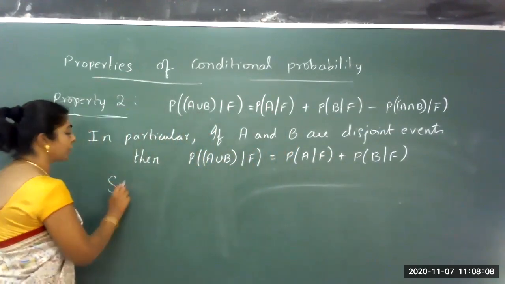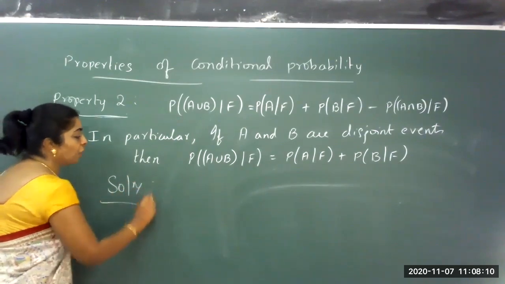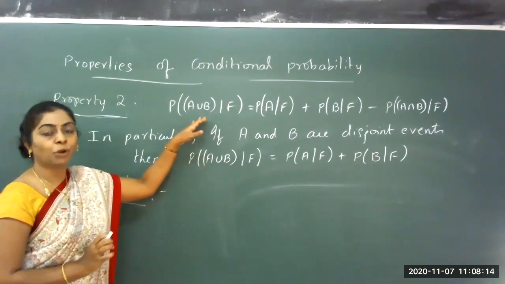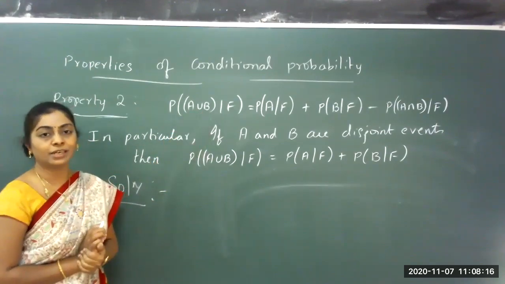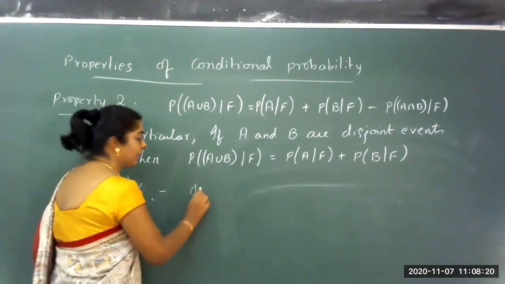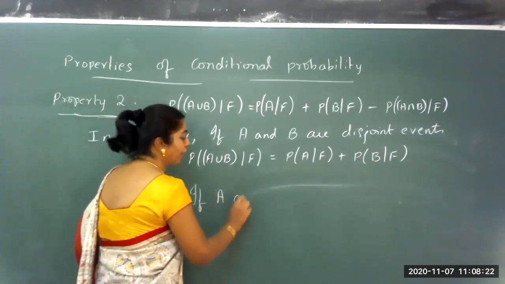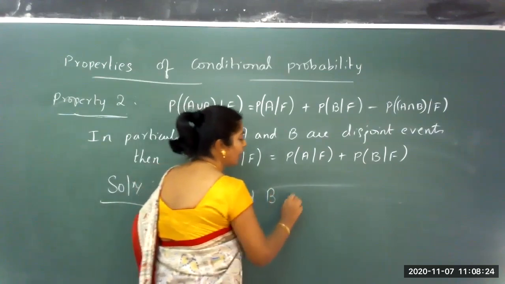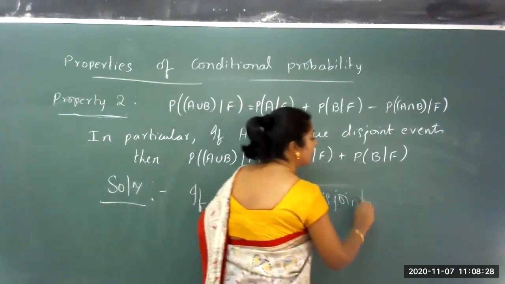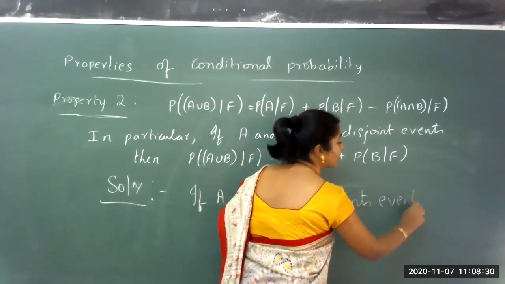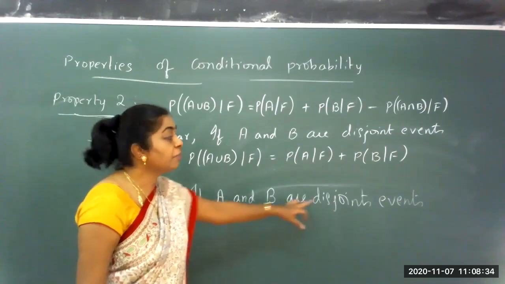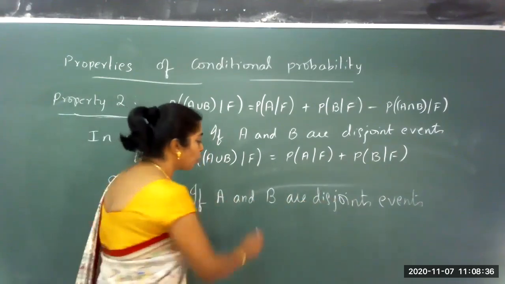Let us see how to rearrange this. We had already proved the second property. Using that second property, we try to rearrange this condition. If A and B are disjoint sets, we learn that in sets, A intersection B is nothing but the null set. But here, if A and B are disjoint events, then what does it prove?